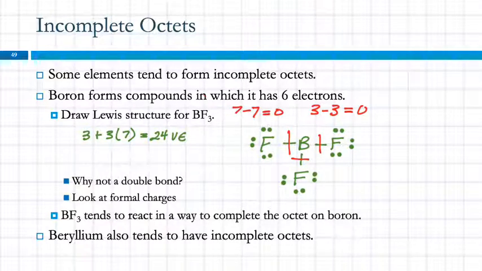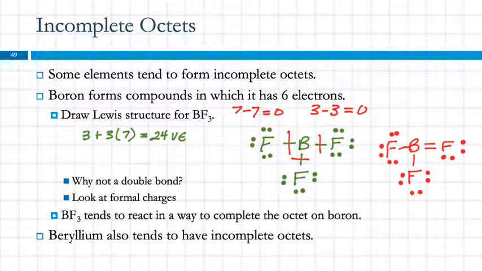Now, could we draw it with a double bond so the octet rule works out? Sure, we could. But now we have formal charges. These 2 fluorines are okay, because fluorine likes to make 1 bond.